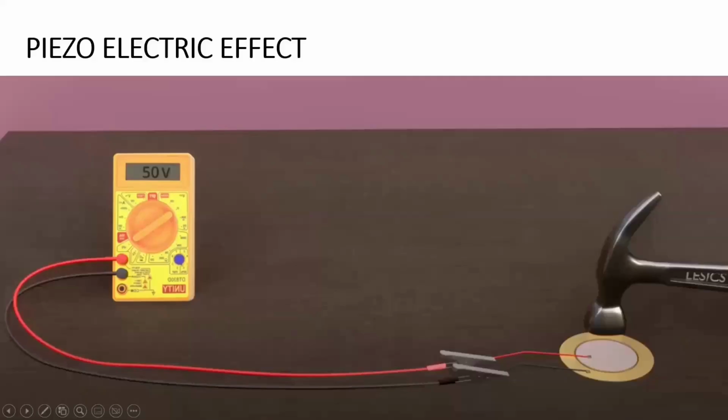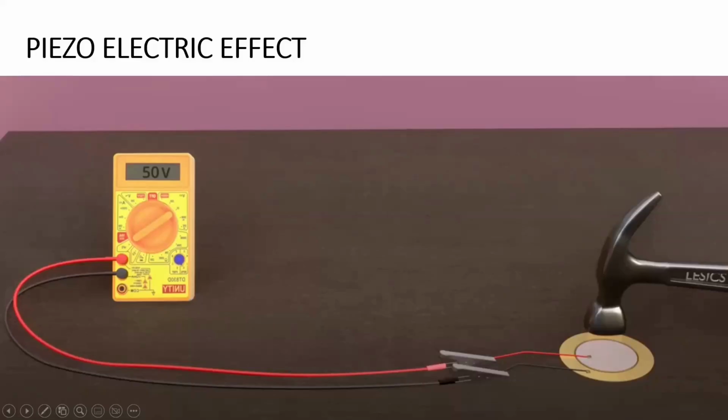The pressure makes the piezoelectric material inside the sensor deform slightly, causing displacement of electric charge within the crystal structure, leading to a net electric polarization.